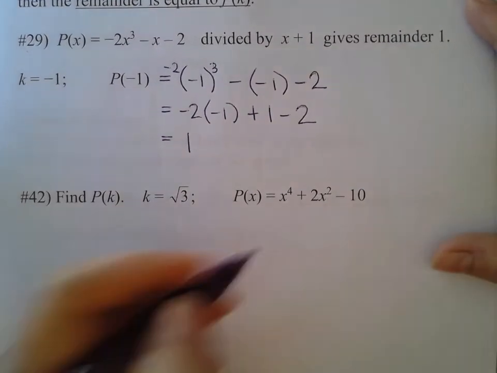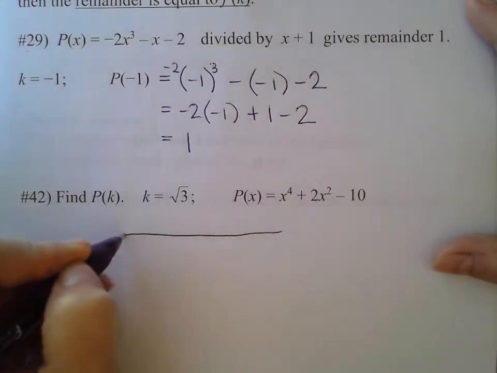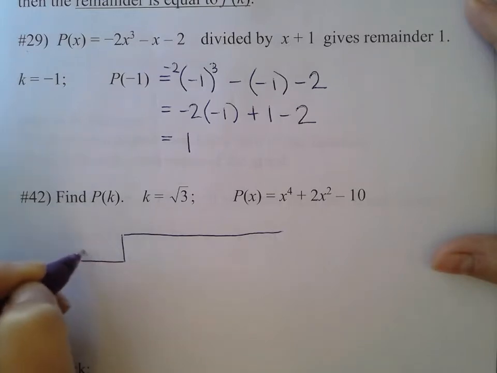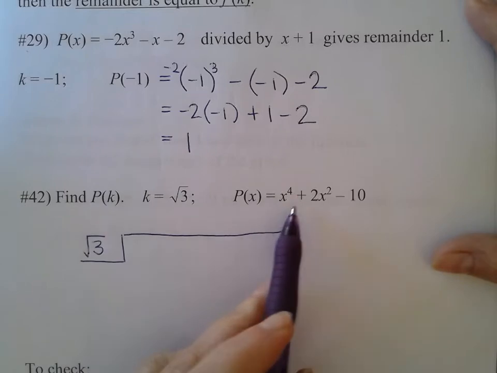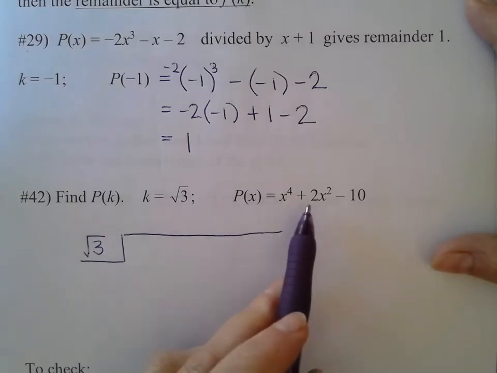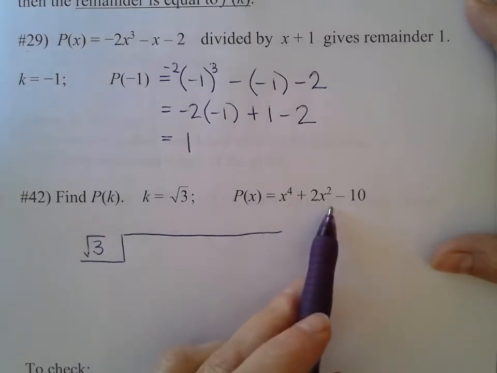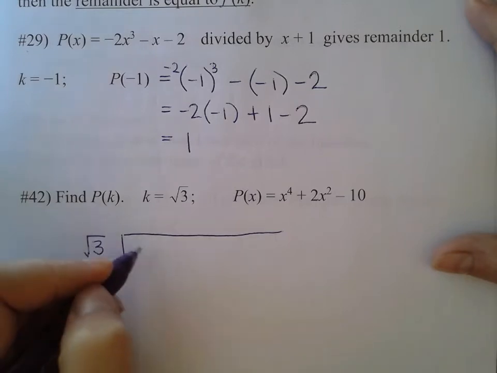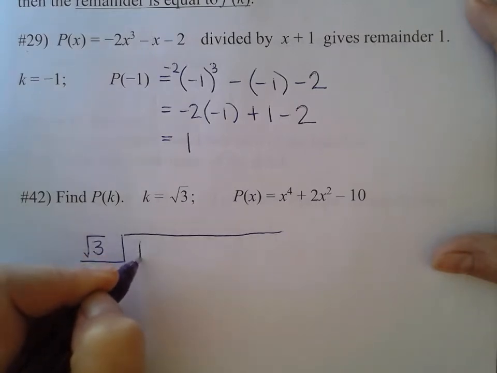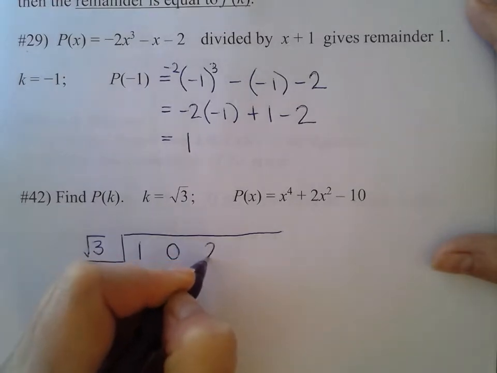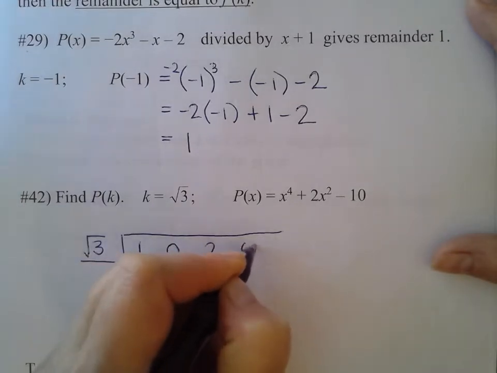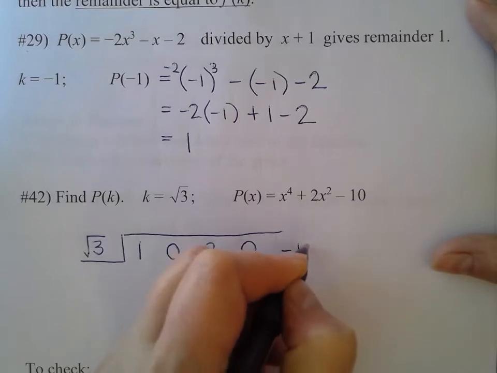Okay, so let's do the synthetic division. We're going to do the square root of 3 out here. Notice we have some missing powers of x. We're missing x cubed, and we're missing x to the first. So we have 1x to the 4th, 0x cubed, 2x squared, 0x, minus 10.